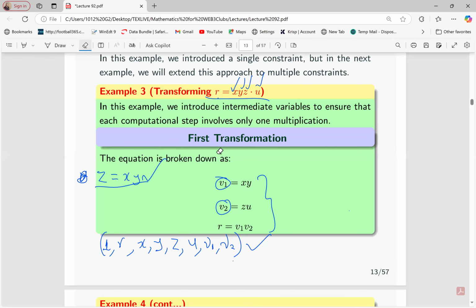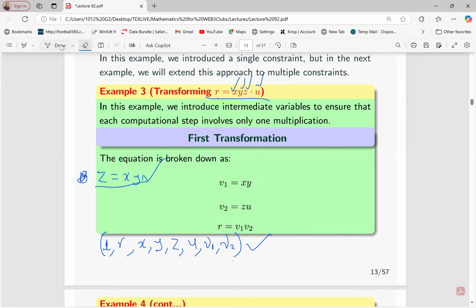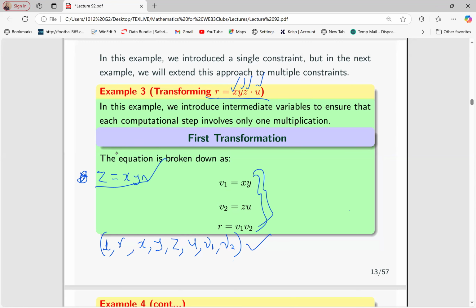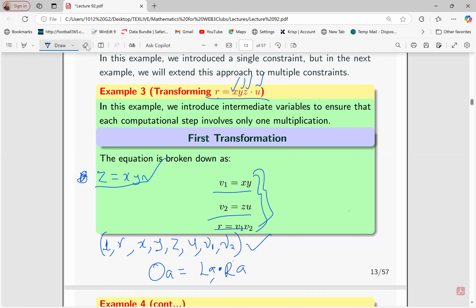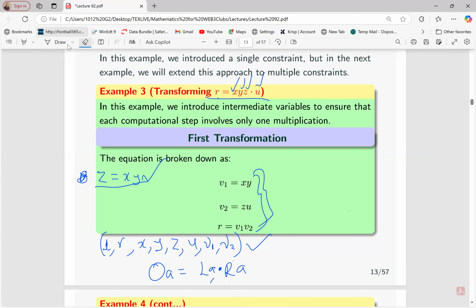In the present case, we have 3 equations. These 3 equations. And therefore, our matrices L, R, and O would have 3 rows. So the number of rows of these matrices would depend on how many equations you have.